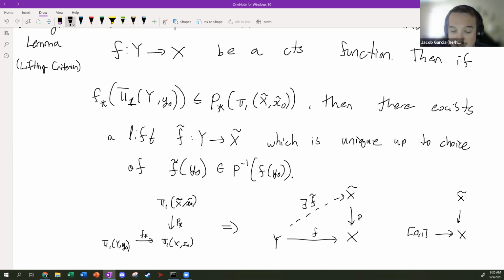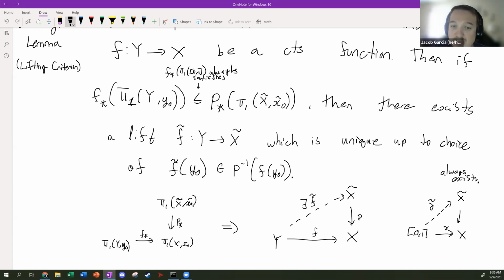So the image of the trivial group is always a subgroup of the image of the fundamental group through your cover. So f star of pi 1 of an interval always satisfies this condition, and so that means that this lift always exists.